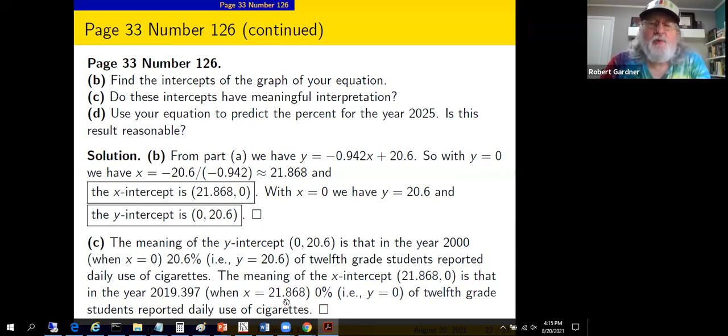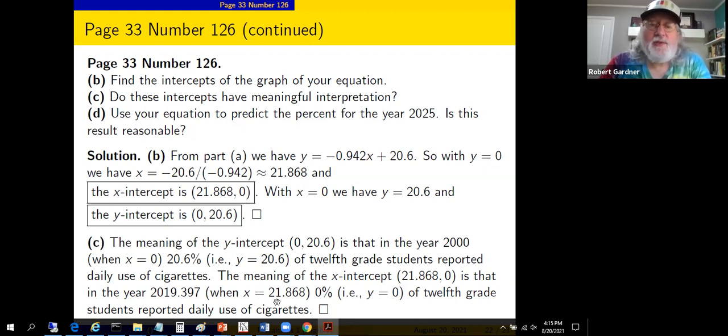When x equals 21.868, that is in the year 2000 plus 21.868, excuse me. Probably I messed up arithmetic the first time I worked it. We'll have 0%. At that x value, we'll have 0% of 12th grade students reporting daily use of cigarettes, if we assume this linear model.